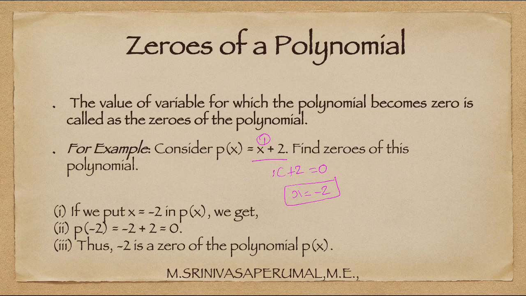So x is equal to minus 2 is the zero of the polynomial. Just check it in the next step by substituting x equal to minus 2. So p of minus 2 is equal to x plus 2 with x equal to minus 2, and finally we get 0. So if the value is 0, the given value is a zero of the polynomial.